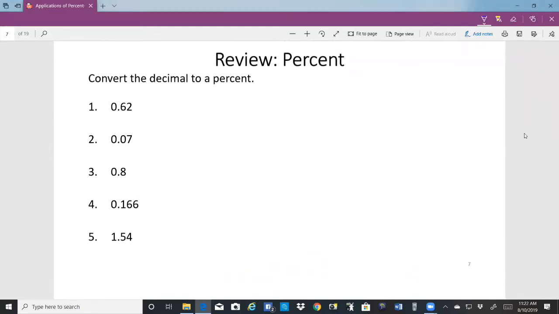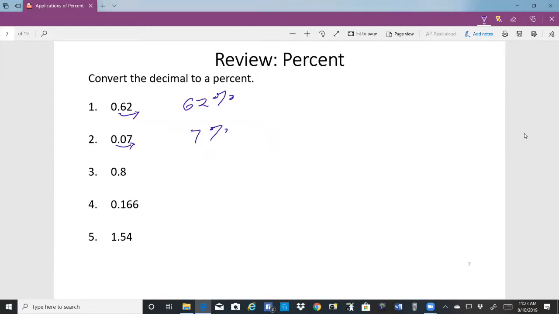Now let's convert the decimal to percent. Basically, you're going to multiply by 100 and move the decimal place over 2 to the right, and that would be 62%. For 0.07, you get 7%.